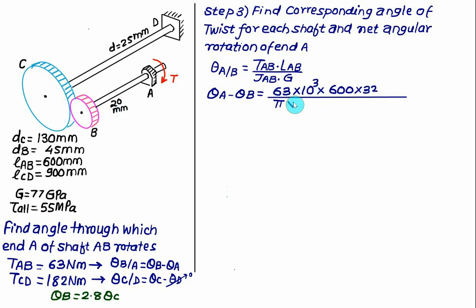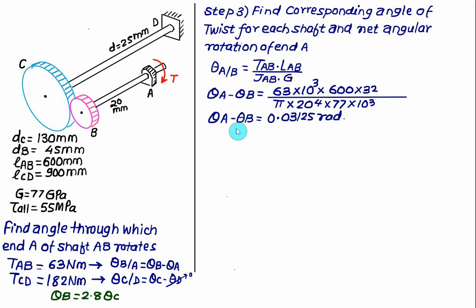So we have 20 to the power 4, further multiplied by G. The value of G is 77 gigapascal, so we have 77 times 10 to the power 3. Solving this equation, you get the difference theta A minus theta B equal to 0.03125 radian.